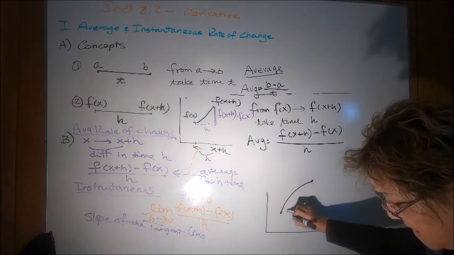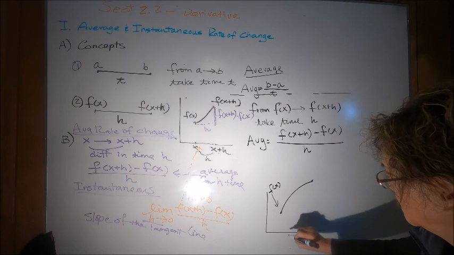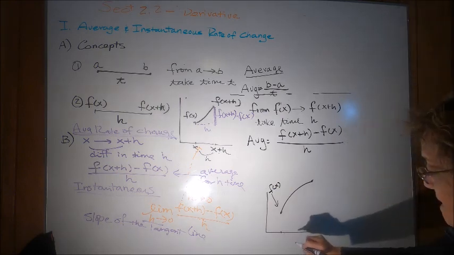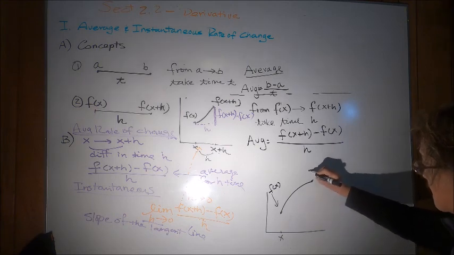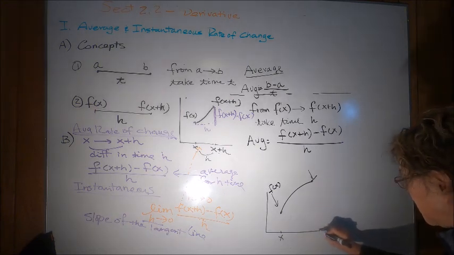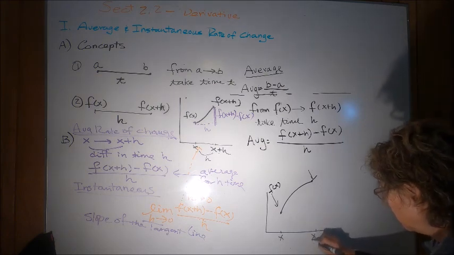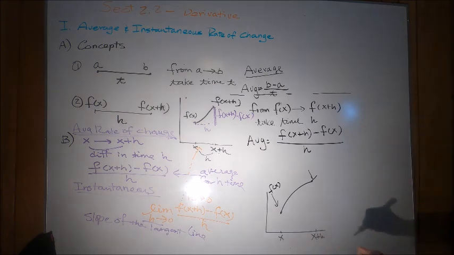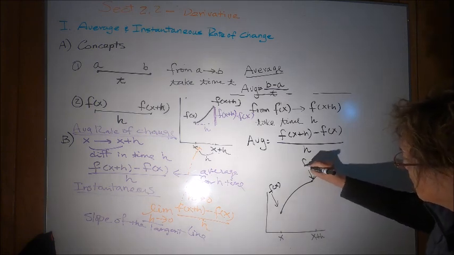Say this is my f of x, my location, according to my time at x time. Then after h, say h hours later, I'm here, right? H hours later, I'm at the second location.